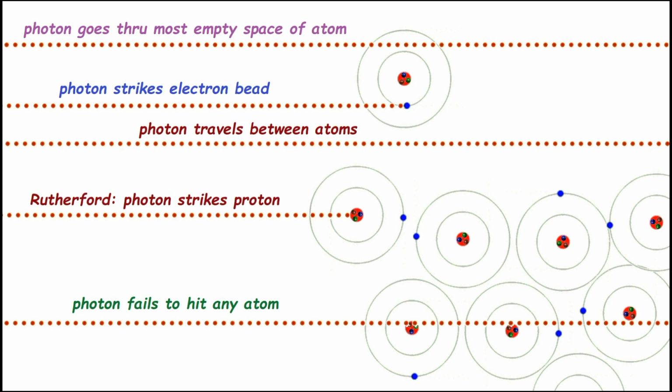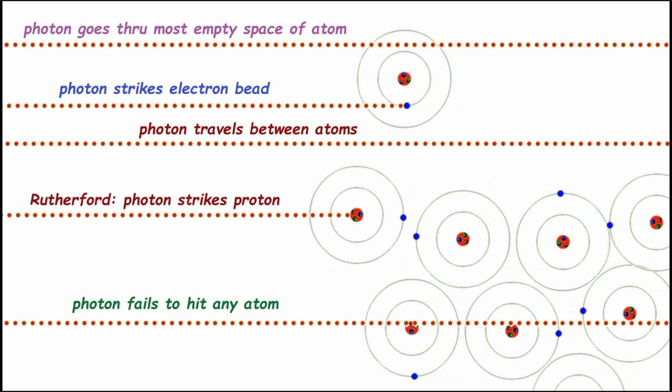And another one is that if the photon, the energy hits this electron bead, the electron bead then re-emits that same frequency or energy. And then another version is that the photon can travel between two atoms, which is what all these people are saying, that if it doesn't get caught in any way, shape, or form, then it reaches your eye.